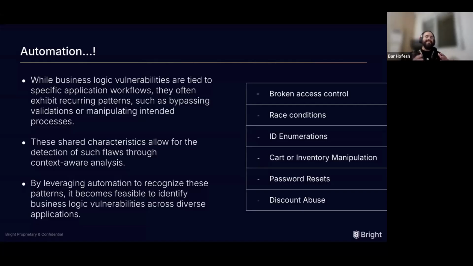So we know that at least the target of what we want to achieve is common across all of those different applications, right? There are different workflows, but we want to achieve something. We want to manipulate the data. We want to do something very specific.